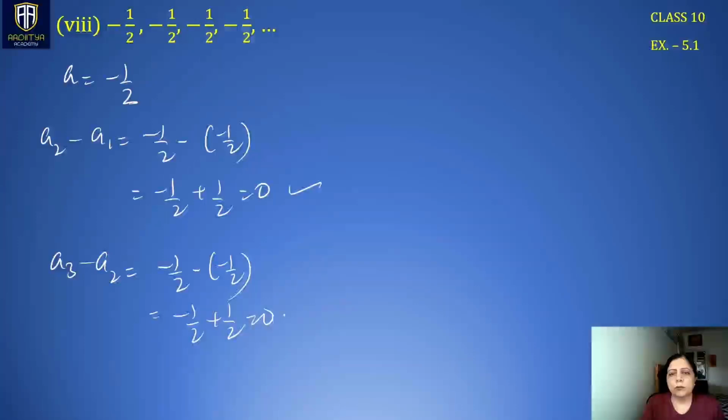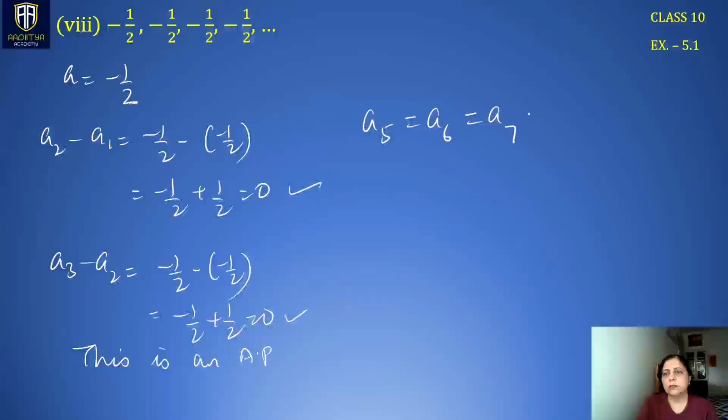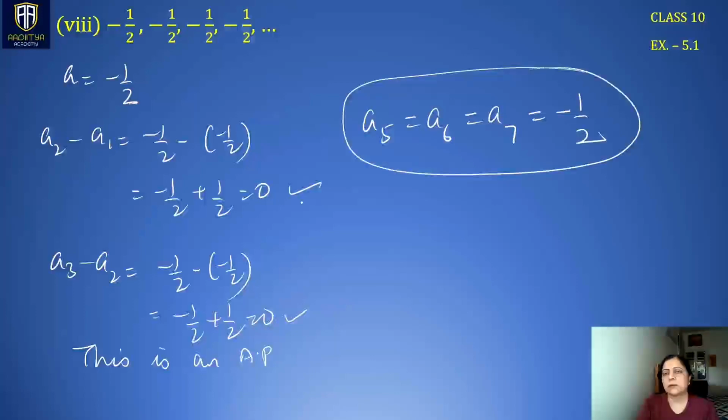So the common difference is the same for two pairs. This means this is an AP. This is a special case in which we call it a constant sequence. Though it is an AP, it is a constant sequence. So here a5 is equal to a6 is equal to a7. Each term is equal to minus half. Right? d is 0 in this case.